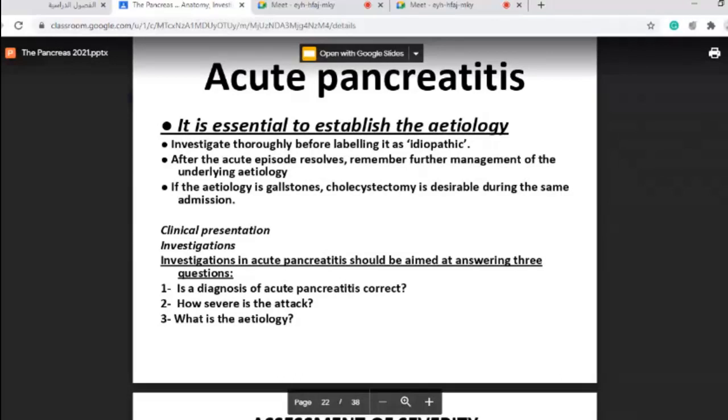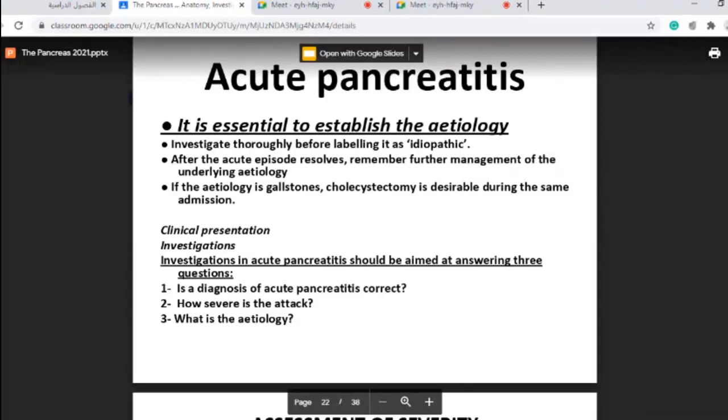So investigations in acute pancreatitis should be aimed at answering three questions. Number one, is the diagnosis of acute pancreatitis correct? Or the patient may have other pathology, like perforated peptic ulcer or other disease. This is very important, because the patient presented with an acute abdomen. Number two, how severe is the attack? We have parameters I will discuss later, in the next slides, on how we assess the severity.